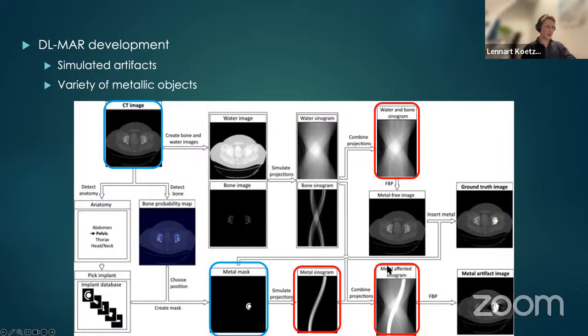And this metal affected sinogram was then reconstructed with FBP to get our training image. So here, this is the input of our network, where we see the metal artifact image, and here we can see the ground truth, where there are no artifacts present in the image.